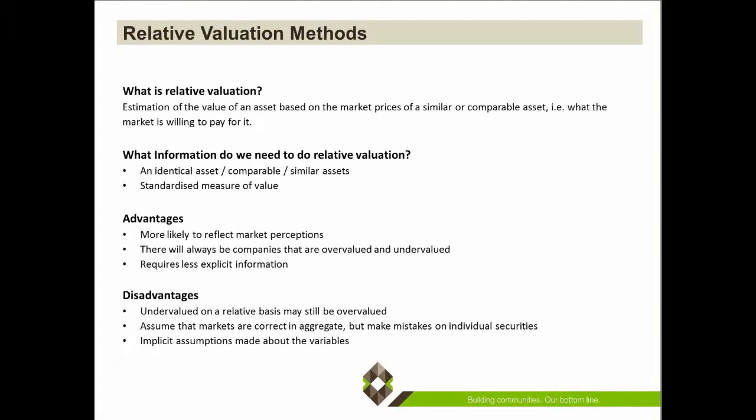The relative valuation method assumes that the market is correct in aggregate, but it makes mistakes on individual securities, and that is where you can almost say the arbitrage comes in, where you can take advantage of those mistakes. And implicit assumptions made about the variables could have a negative effect on your valuation.